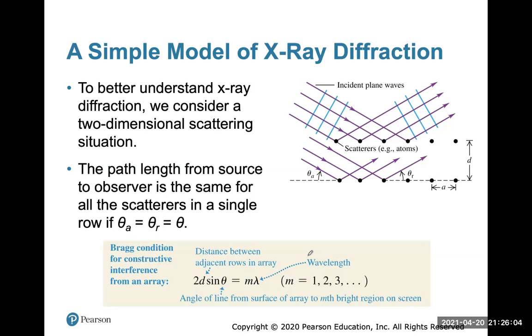But it's sort of like reflection. The incident plane waves coming down and to the right, and the emitted radiation by the scatterers is, you can think of it like a reflection.